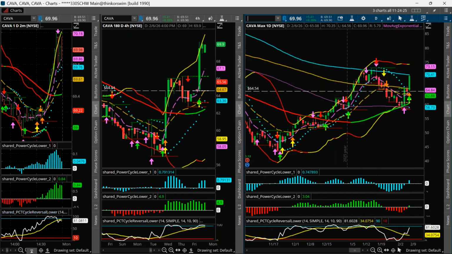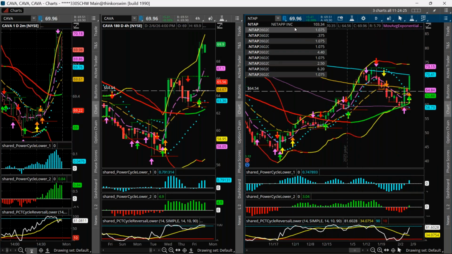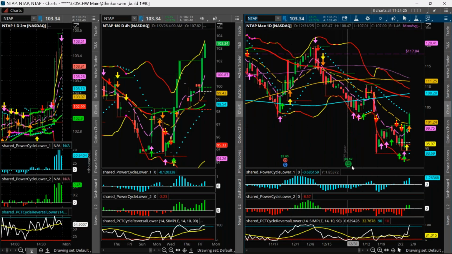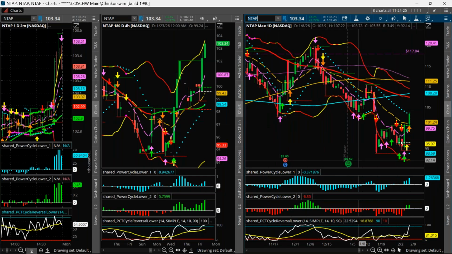What else was there? That was NetApp. Let's check that one out real quick. I'm very, very selective, and this is the process that I go through finding these trades. Now, NetApp, you can see here, we had that cycle reversal right there, the orange arrow. But again, nice cycle reversal, but it's going to have major resistance above it when you start getting up here to this 107 area.